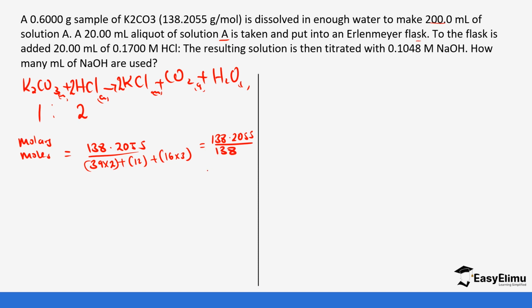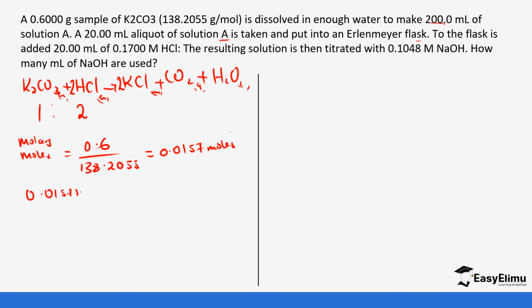So let's make a small correction. The value that we were calculating was already the molar mass. So we have the mass, which is 0.6, divided by the molar mass, which is 138.2055, which will give us the moles: 0.0157 moles. Remember, these moles are in the 200 cm³ solution. So if 0.0157 moles are in the 200 cm³, what about 20?